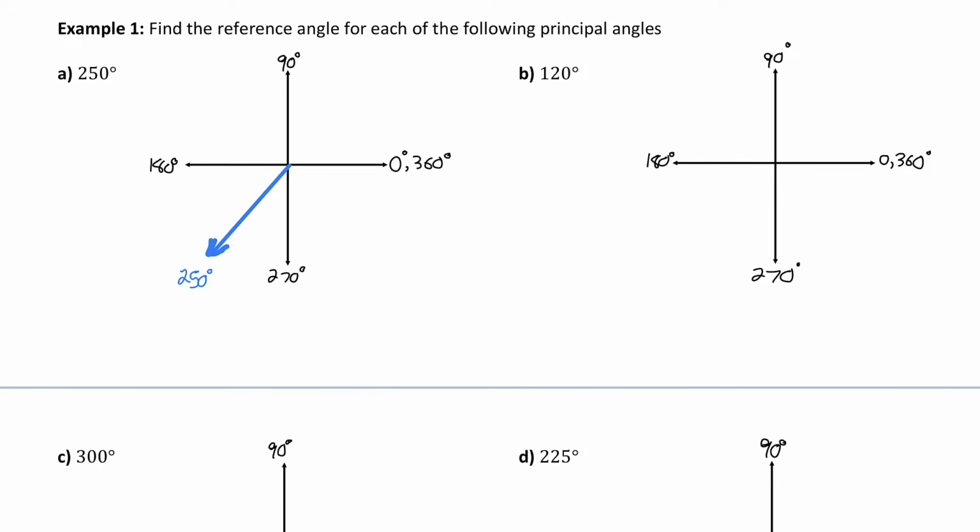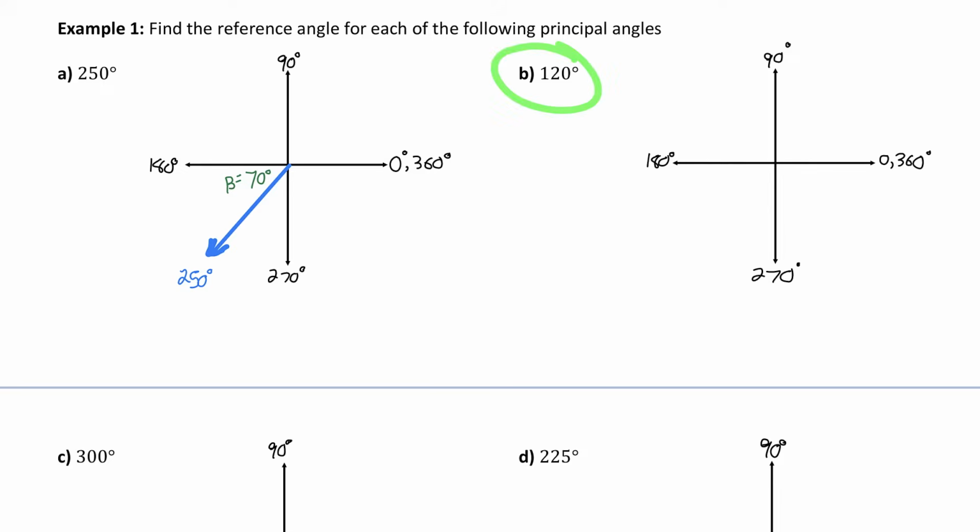The reference angle for 250 degrees is the angle between that terminal arm and the closest x-axis. So what's the angle between 180 and 250? We can just find the difference in those two angles. And if I do that, I would find out that the reference angle, which I'll call beta, is equal to 70 degrees. That 70 degrees is this angle inside here, the angle between the terminal arm and the closest x-axis.